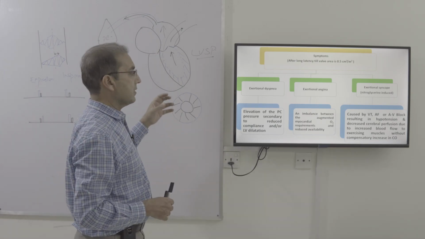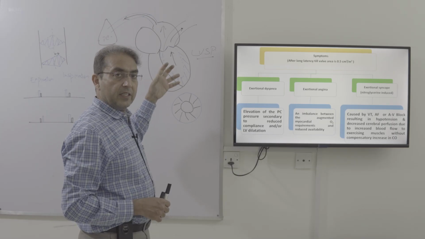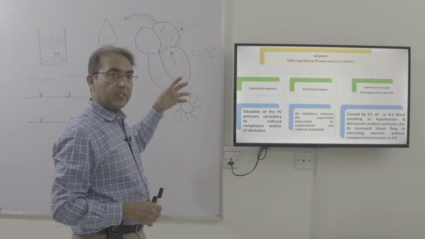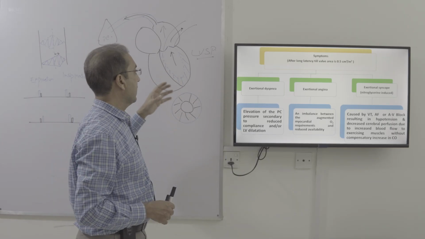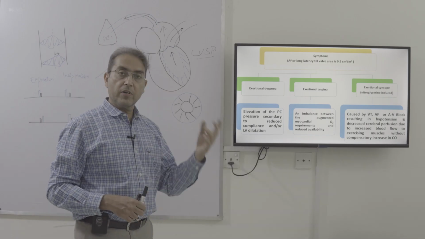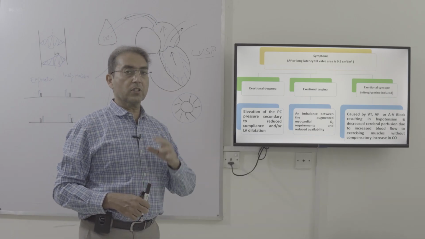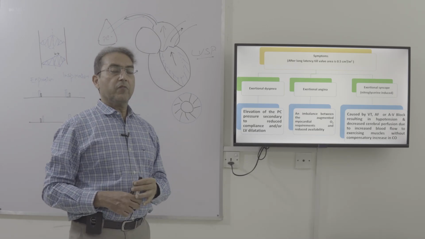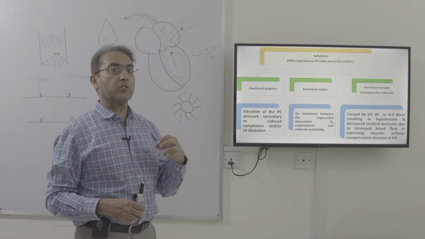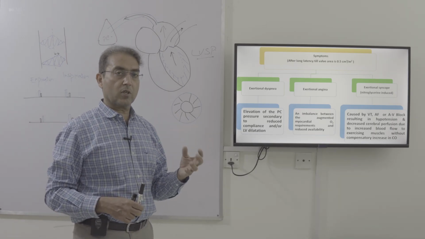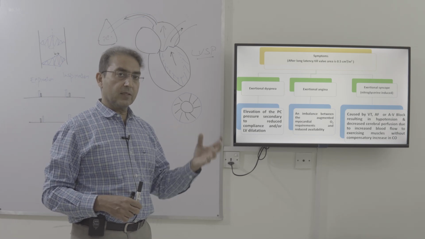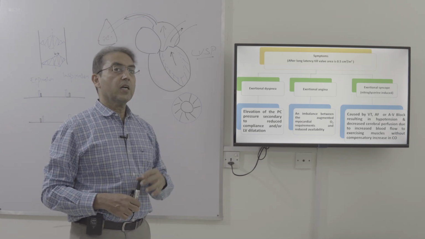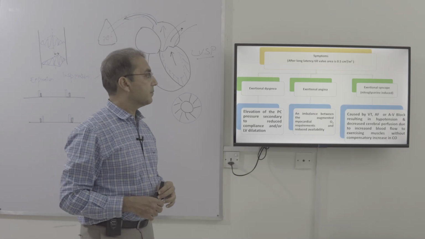And when there is exercise, this increasing demand cannot be met by the fixed cardiac output. So the patient starts having symptoms of angina, even if the coronary arteries may be normal. So this is one condition in which, with normal coronary arteries, the patient can have symptoms of angina. Similarly, patients who have severe anemia sometimes can have symptoms of angina despite having normal coronary arteries.